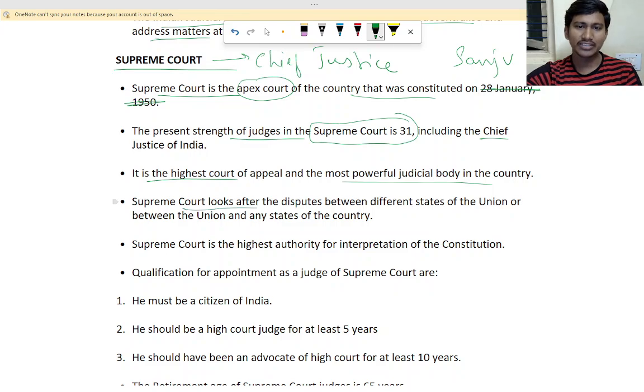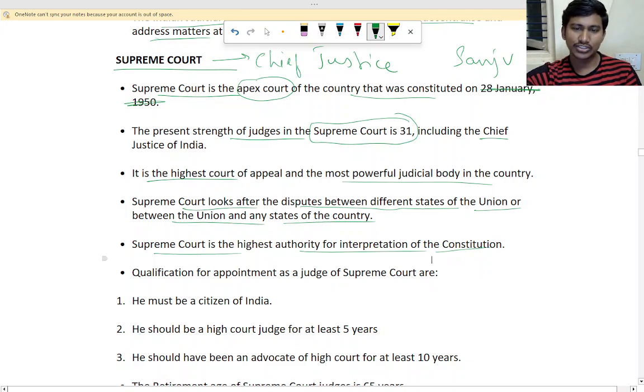The Supreme Court looks after disputes between different states, between the union and states. It is the highest authority for the interpretation of the constitution.